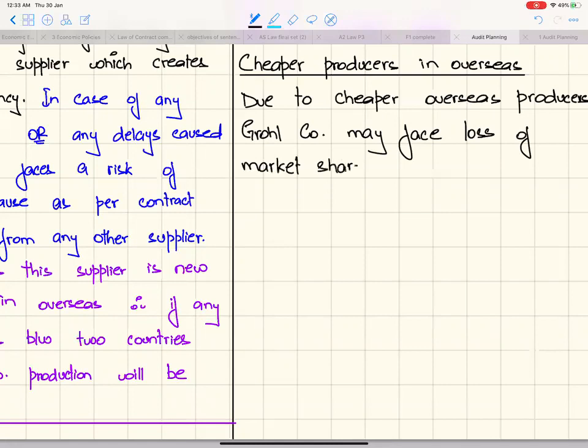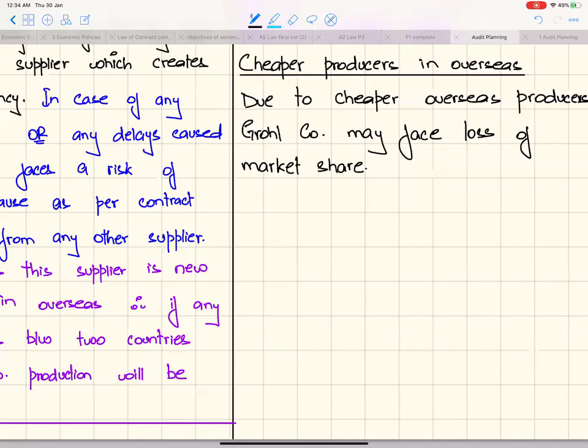Now this is the identification of the risk. You may face loss of market share. Why will you face loss of market share? You will face a loss of market share because there are cheaper producers in overseas who will affect your market.